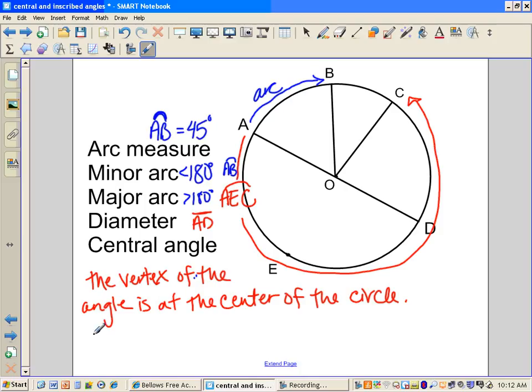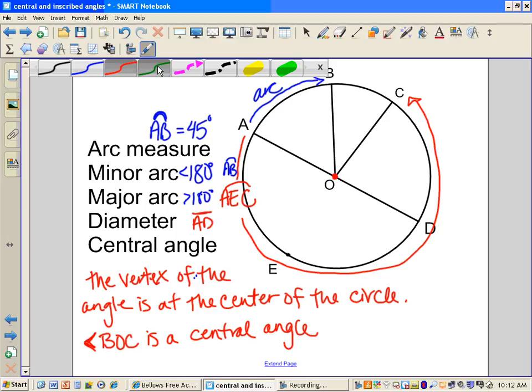Okay, so I might say angle B to O to C, and we always put where the vertex is in the center of how we describe our angles. Angle BOC is a central angle.